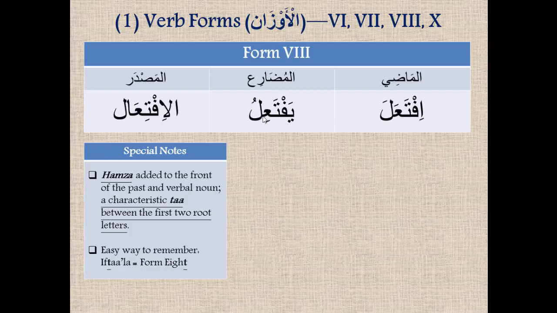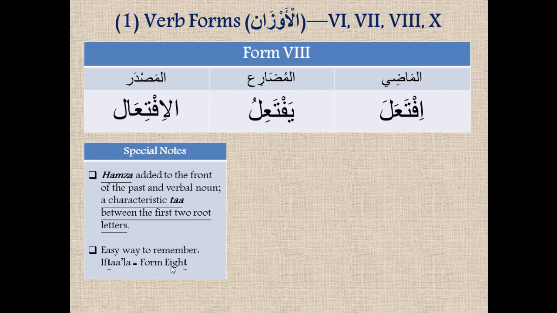Ifta'ala yafta'ilu al-ifti'al. So this is the more important of the two characteristics, because we find it in the mudari' as well. It's basically present in all three cases. An easy way for us to remember Form 8 is that this ta gives us a t sound, ifta'ala, and that corresponds to the t sound in English, Form 8.